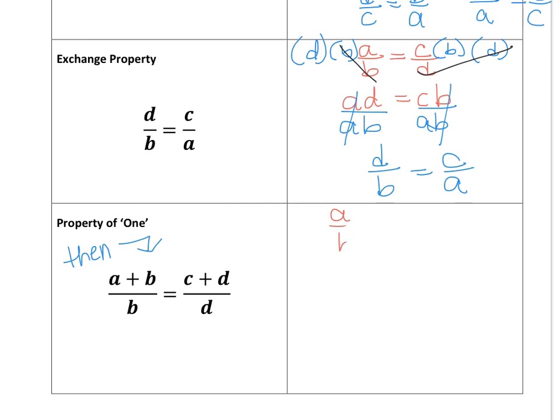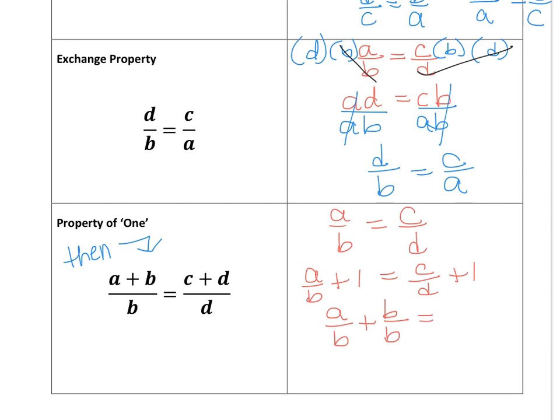If A is to B as C is to D, then the property of 1 says we can add 1 to both sides. In fact, we could add any number to both sides as long as we do the same. And if I wanted to add the number 1 to A over B, then I'm going to replace 1, or rewrite 1, if you will, with B over B. That is 1.